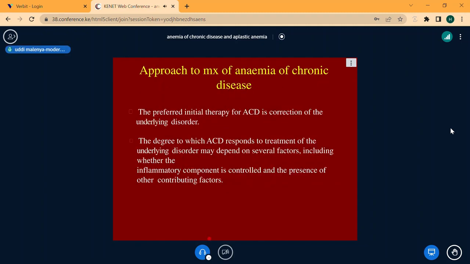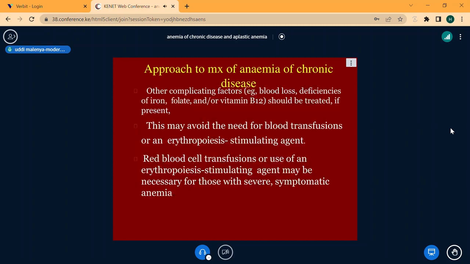So what we are saying here is that for you to be able to sufficiently manage the anemia of chronic disease, it will depend on several factors, okay, right? Or several other factors that are contributing to the anemia of that chronic disease.